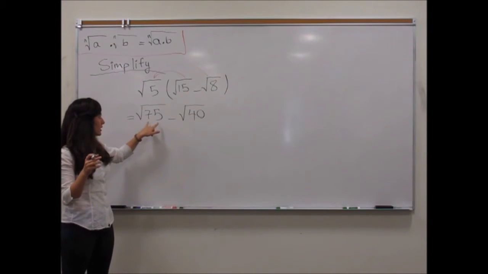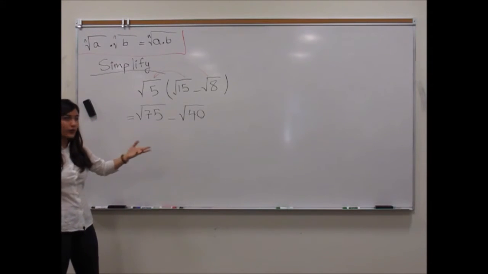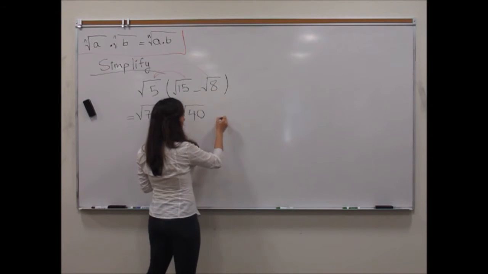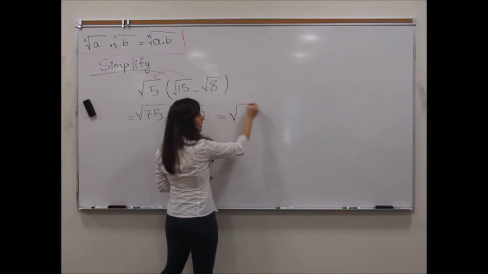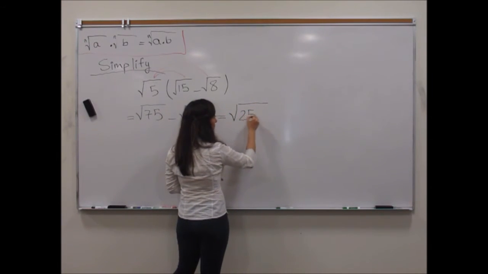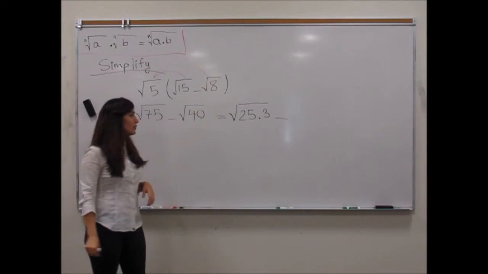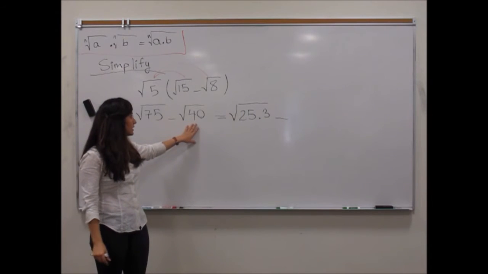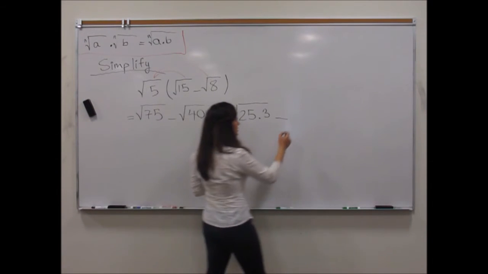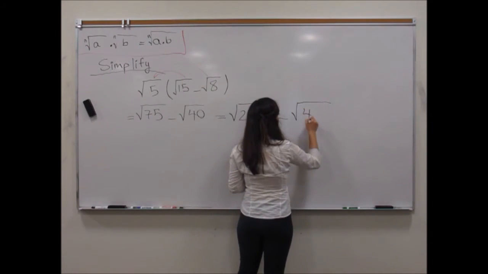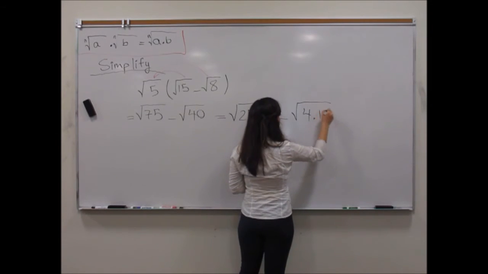The perfect square in 75 is 25, so if I divide it by 25, I get 3. So I can rewrite 75 as 25 times 3 and minus rad 40. The perfect square in 40 is 4, so I can write it as 4 times 10.